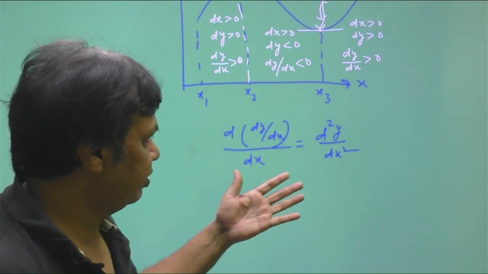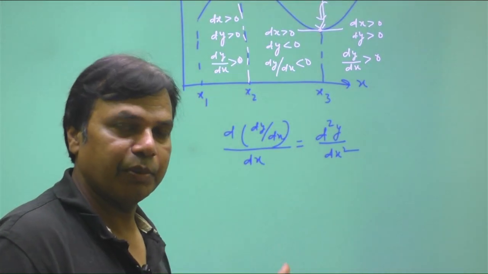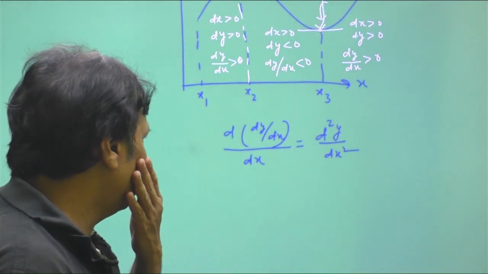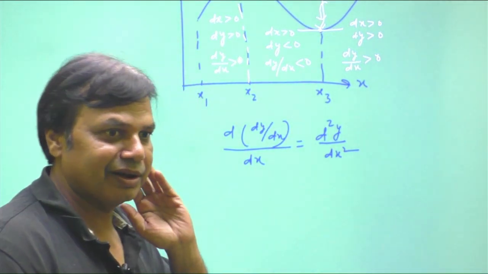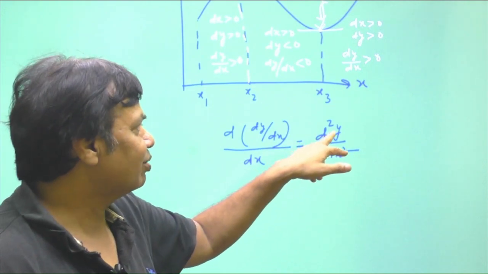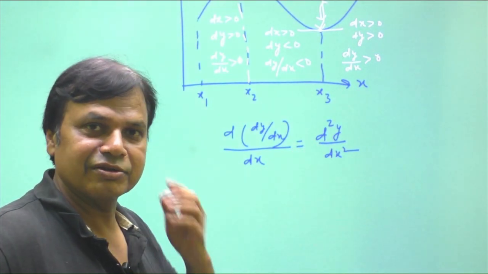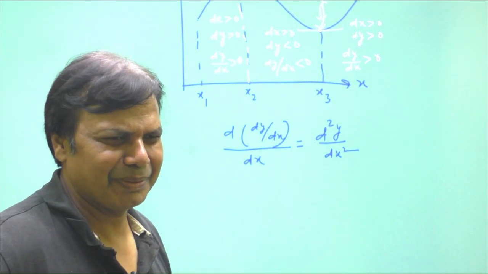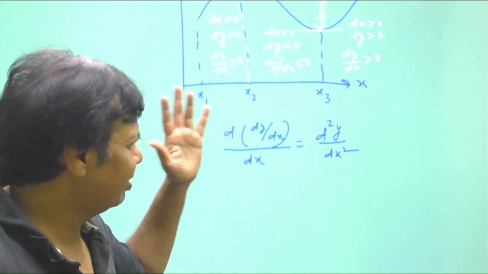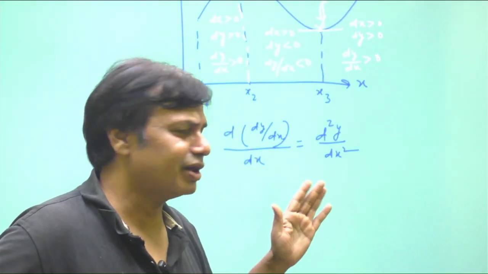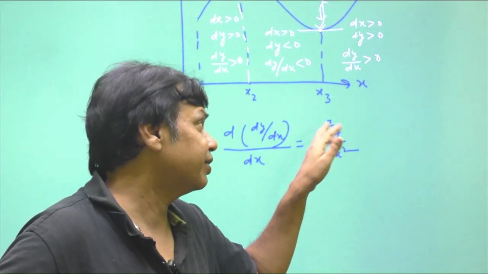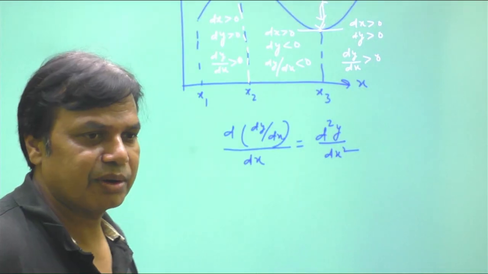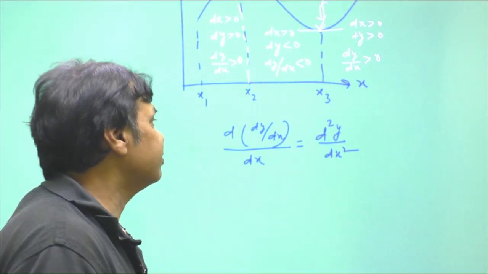It's read like this, d2y upon dx square. I think people these days pronounce it rightly, d square y by dx square. I don't have a problem. I'm from the old generation, and people usually called it d2y upon dx square. So I'm calling it d2y upon dx square today.